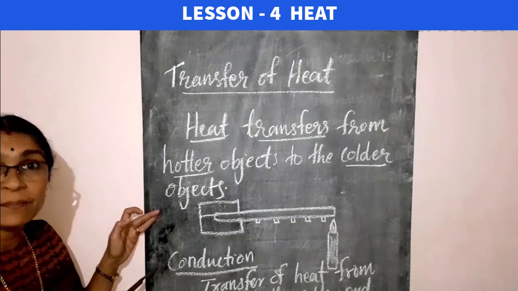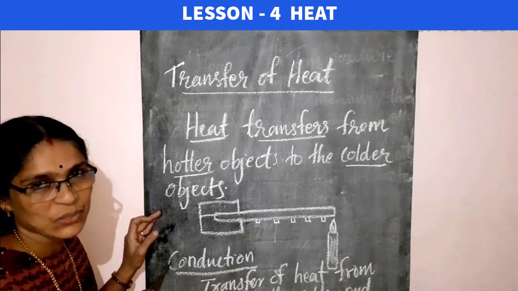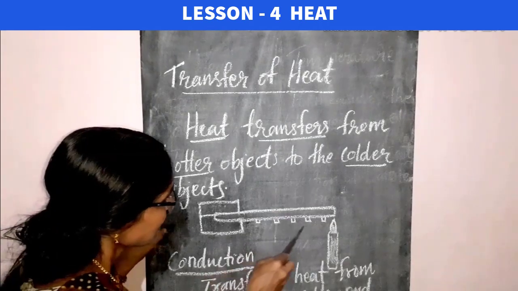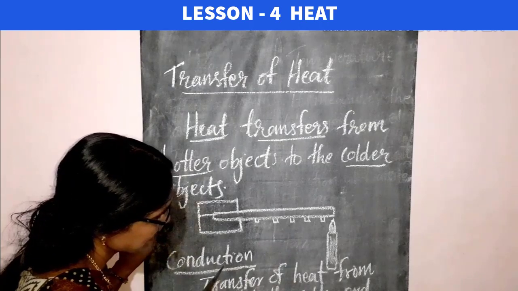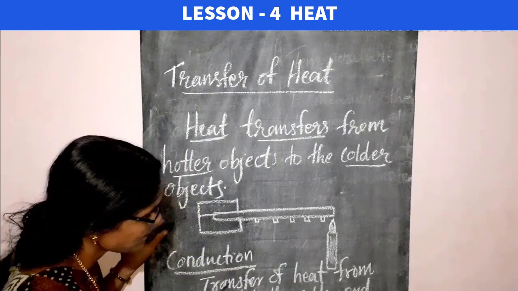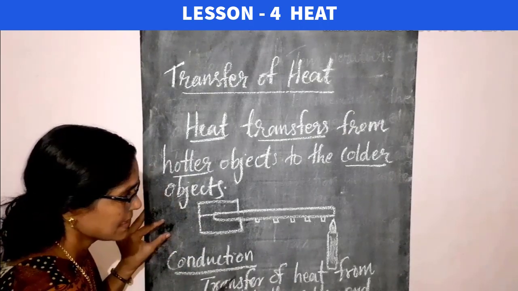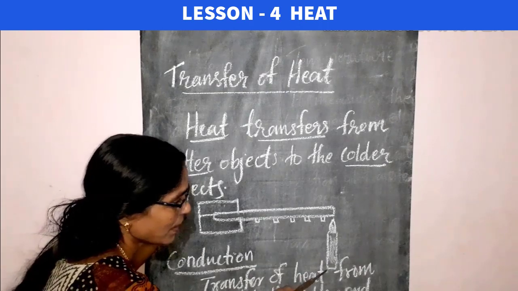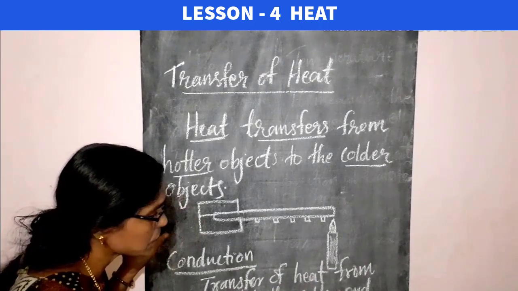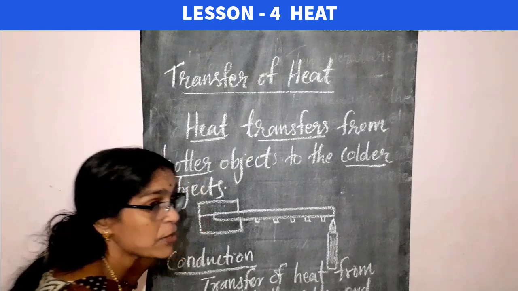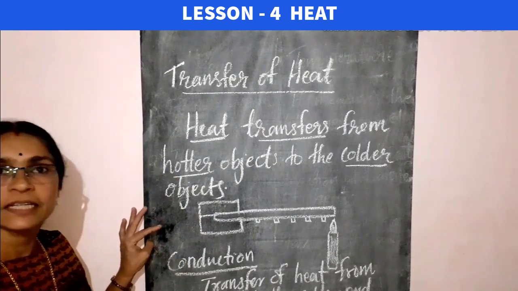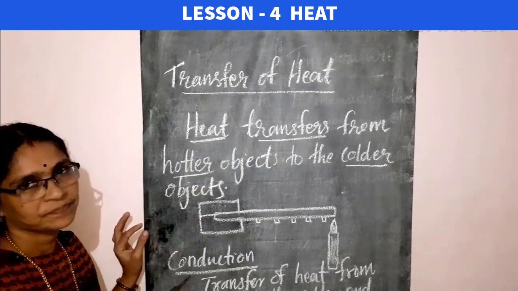This is one of the methods of heat transfer, that is conduction, the process by which heat is transferred from the hotter end to the colder end of an object.